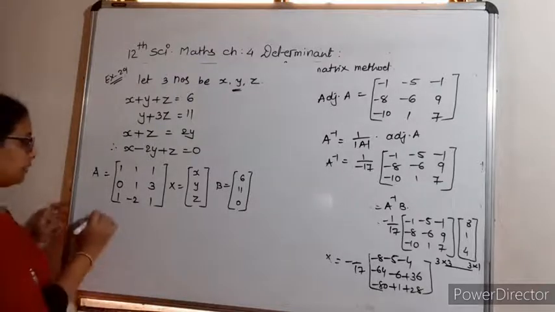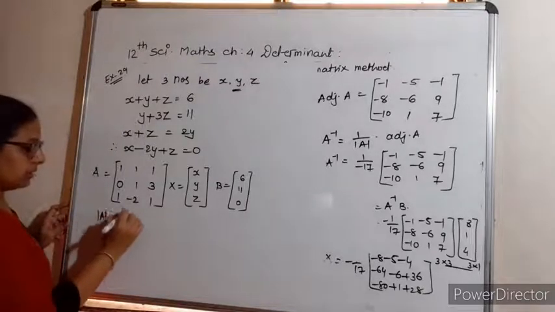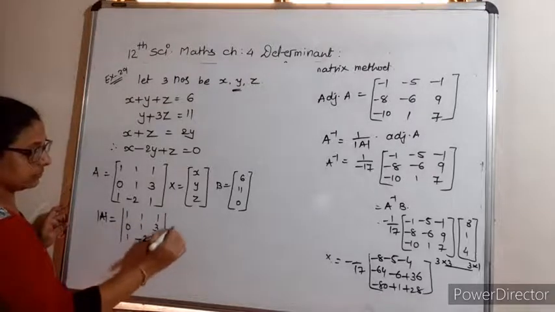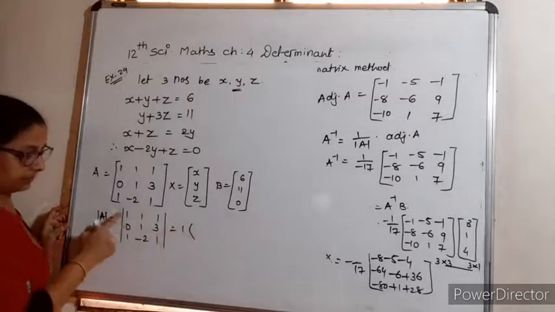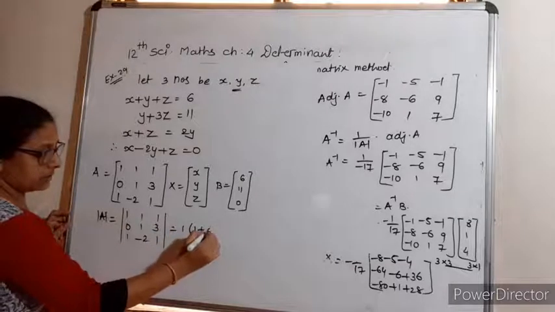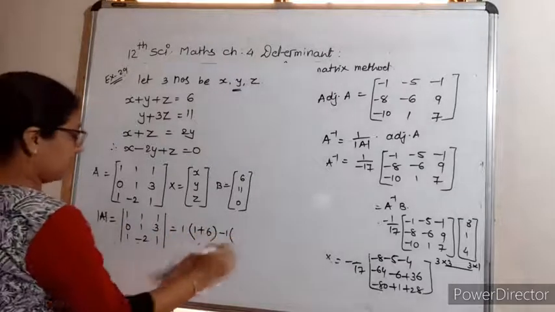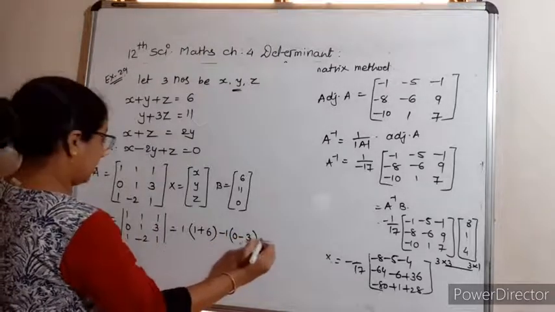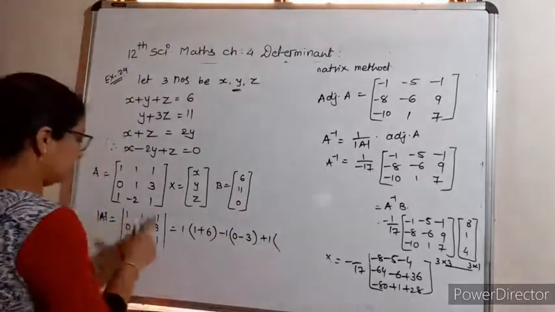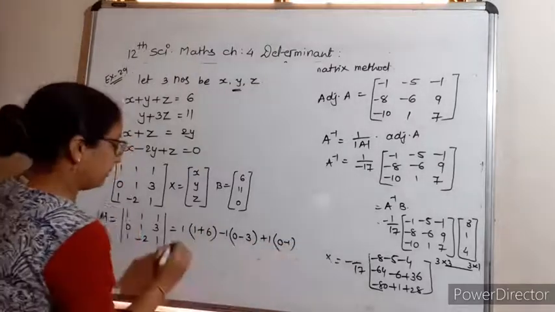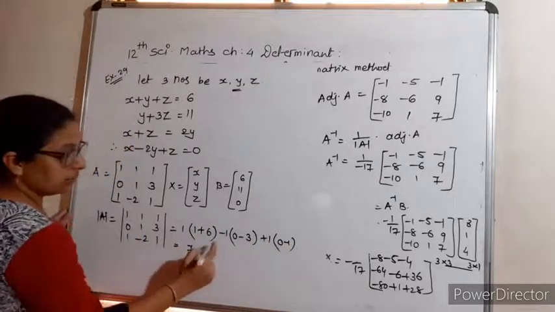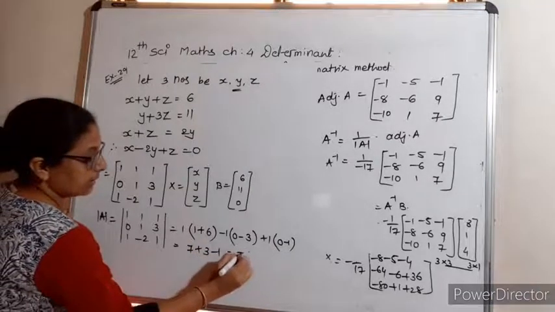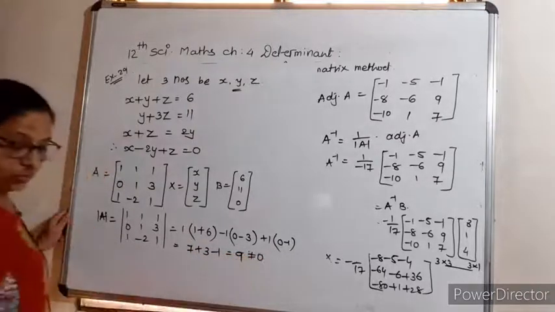Now we will find the determinant. One into 1 plus 6, minus 1 into 0 minus 3, plus 1 into 0 minus 1. 7 minus minus plus 3 minus 1, that is 9, which is not equal to 0.